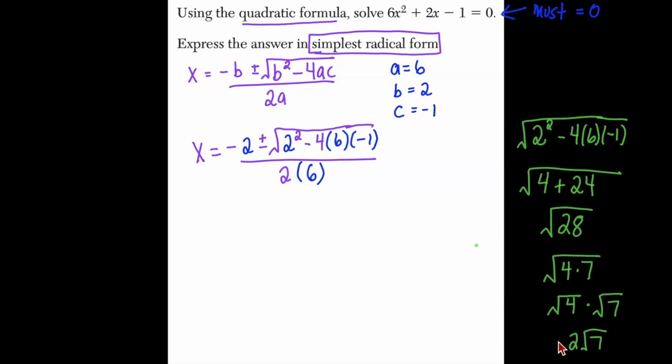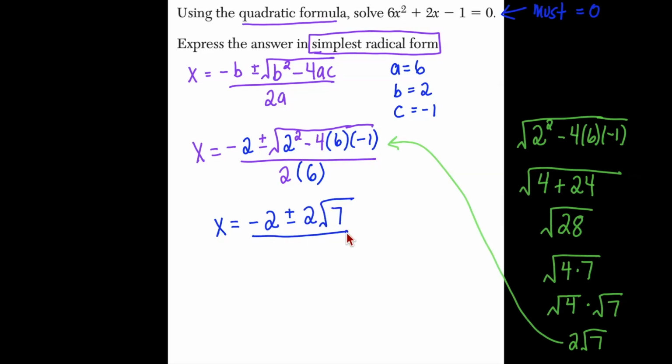So I'm going to take this and change this to that. So this here turns into x is equal to negative 2 plus or minus 2 root 7, all divided by 12.